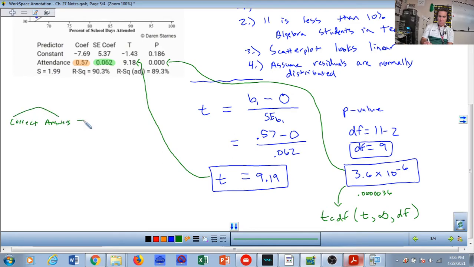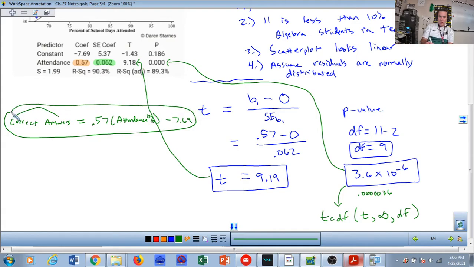Predicted correct answers equals 0.57 times the attendance percentage minus 7.69. That would have been your linear regression line from that printout. That's what we learned way back in chapter 8, how to read the printout and pull off the slope and the y-intercept.